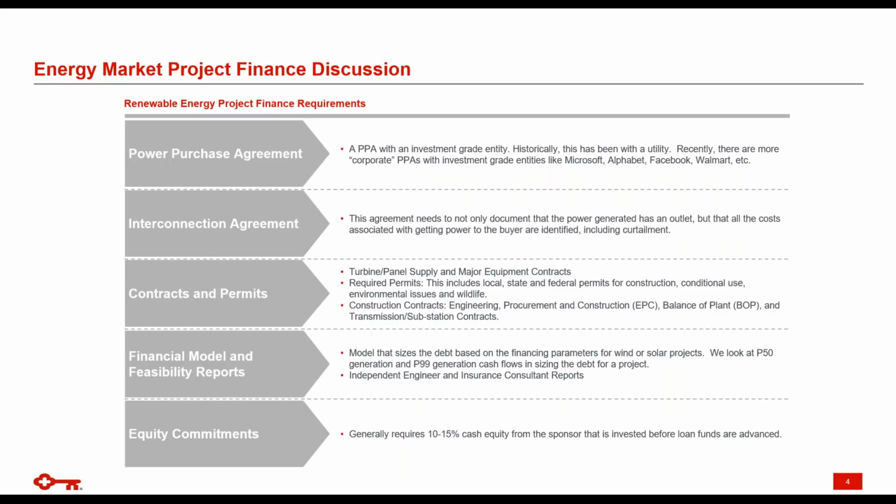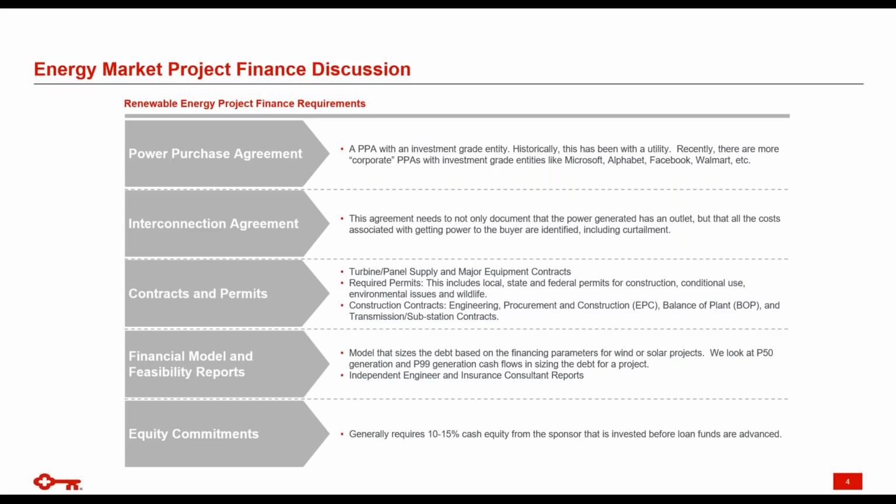I think Glenn touched on this briefly, the need to have experienced, reputable engineering, procurement, and construction contractors, contractors for transmission and substations, and operation and maintenance after the construction is completed, and then be able to provide a financial model that is presentable to a funding source, a financing source, something that's been reviewed by independent engineers, and as necessary, additional insurance consultants.